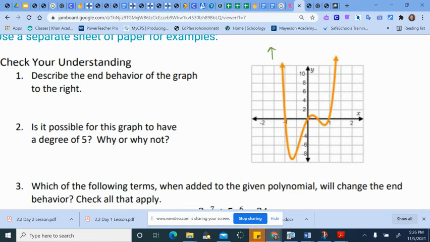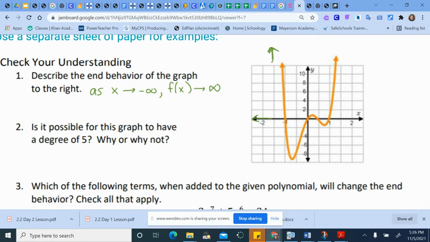So the way we say that is as x approaches the left side, and left side is negative numbers, right? Negative infinity, the function approaches, it's going up, so positive infinity.